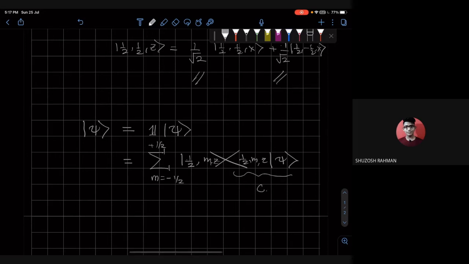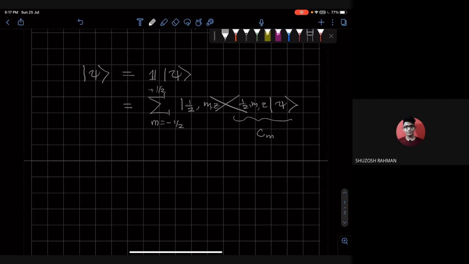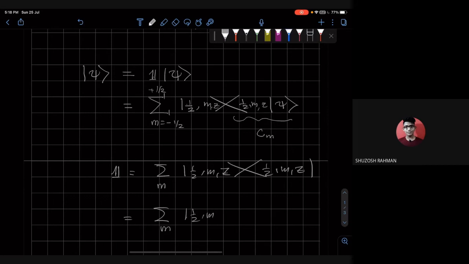These are what I was calling C of m. So the expansion we're using here is in terms of the z basis. But we could have expanded it in a different basis, the x basis, right? Yeah. So that is also possible.